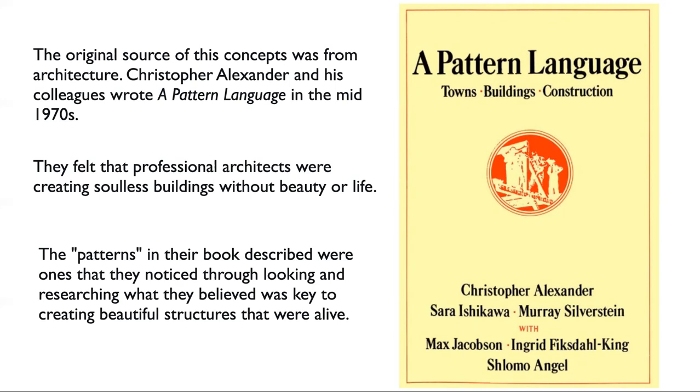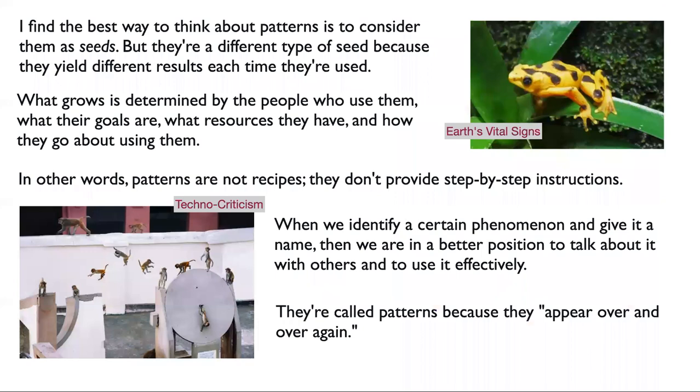So they were looking around and they saw things that they thought really did work, that did make you want to live there. They supported vitality, etc. And so they distilled the essence of these exemplary characteristics into what they called patterns. The book has 253 patterns. But first, the way I think of a pattern is as a type of seed.